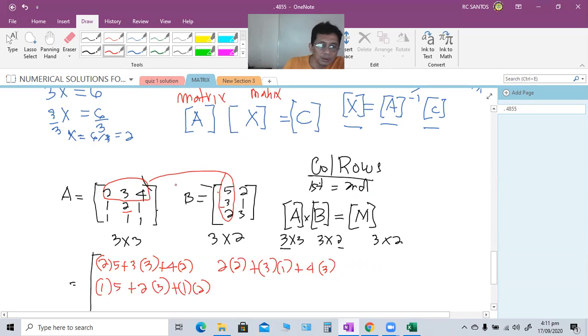So next column, ito naman lahat na to, multiply din ito sa pangalawang column. So it will be 1 times 2 plus 2 times 1 plus 1 times 3. Okay? Taas natin na ito. Nakukulog na ako.